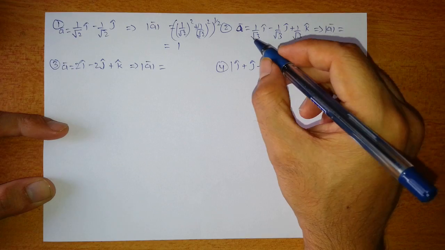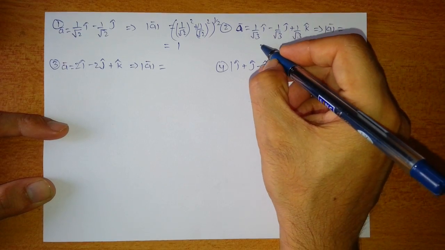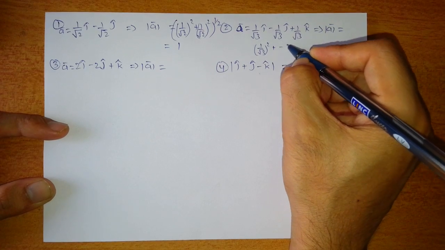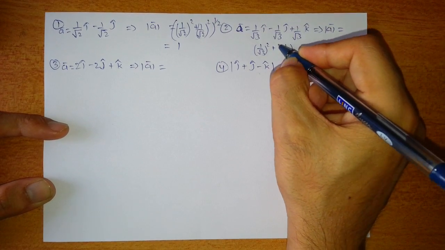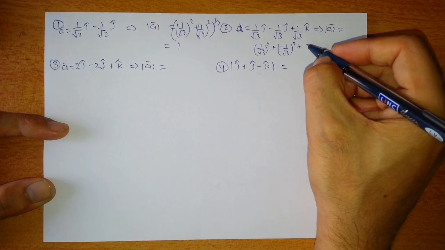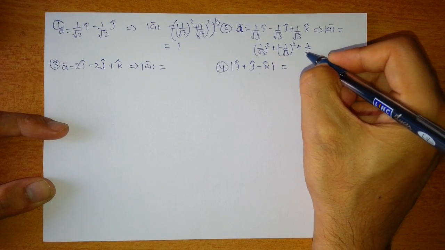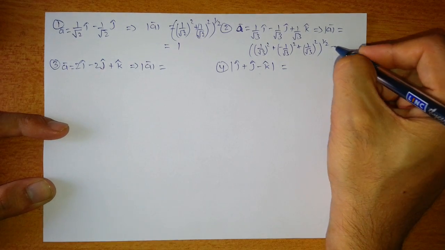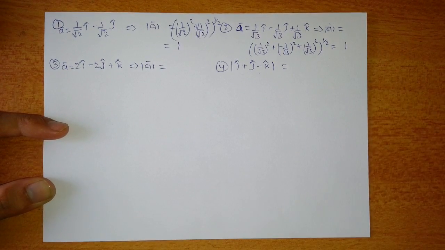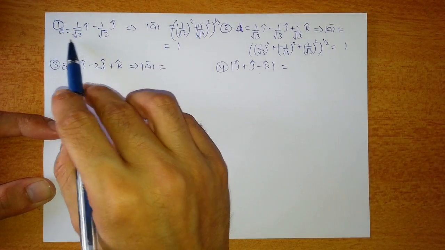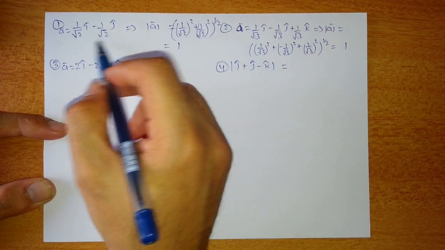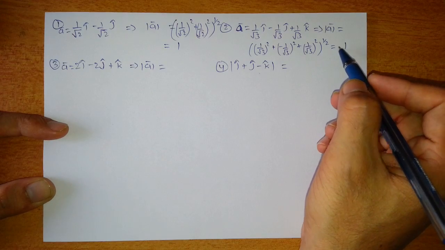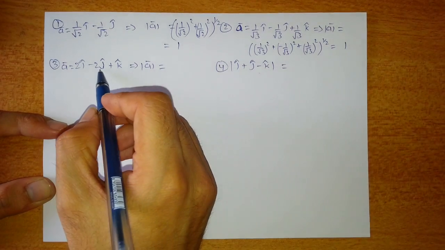And in this we can easily see that the magnitude will be 1 by root 3 square plus square of minus 1 by root 3, which is the same as 1 by root 3 square, again 1 by root 3 square, root of that. So again we are getting 1. So these are unit vectors, because the magnitude of their resultant is 1.